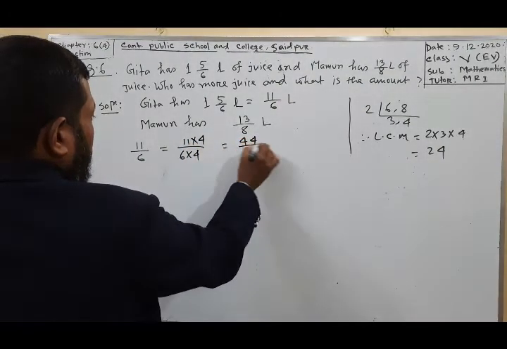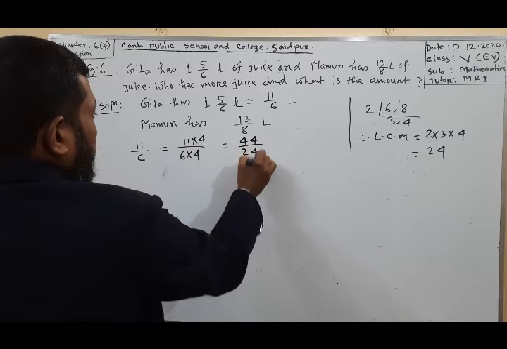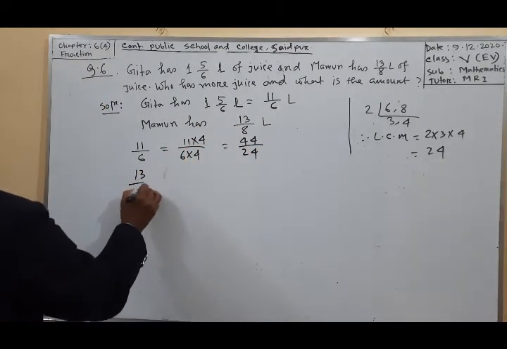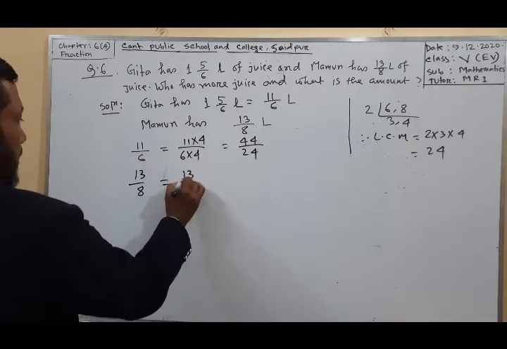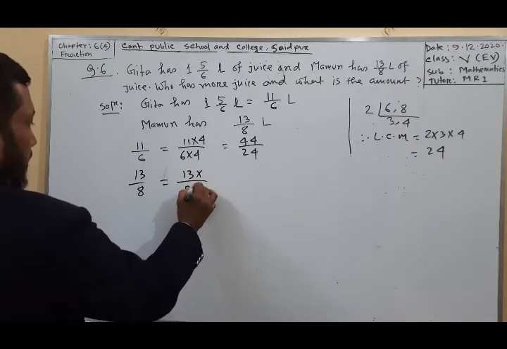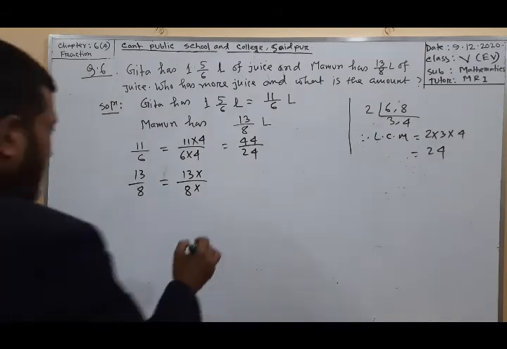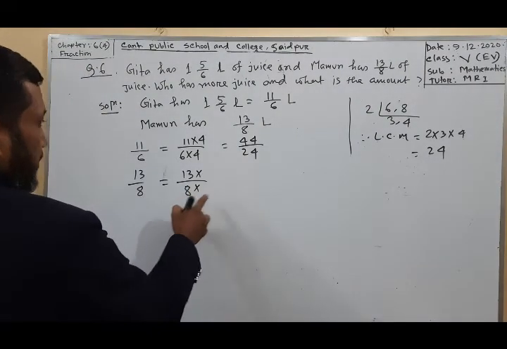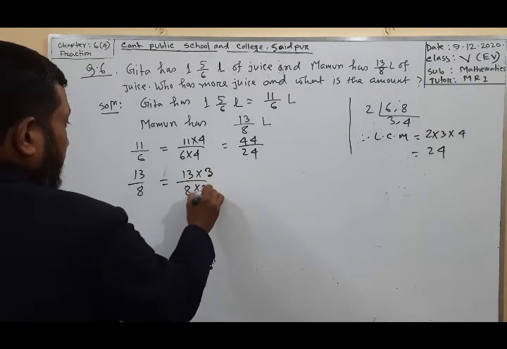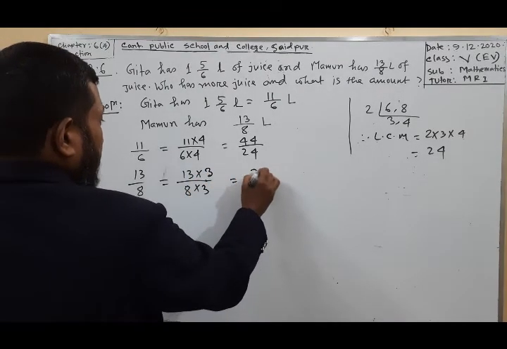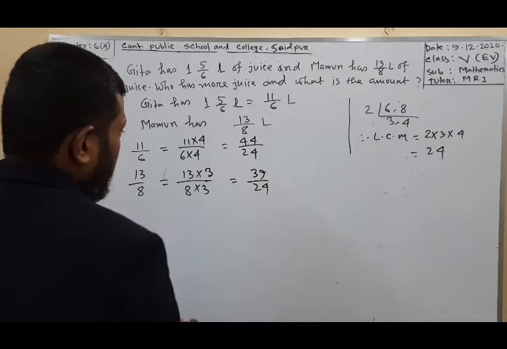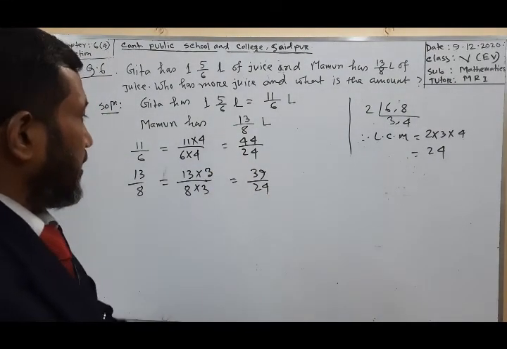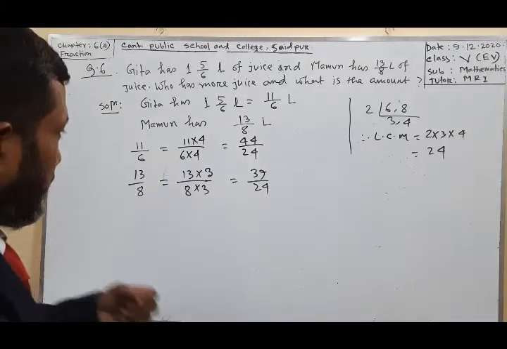This will be 44 by 24. For 13 by 8, we can multiply numerator and denominator by 3, because 8 times 3 is 24. Here 3, here 3, 39 by 24. So 24 and 24 is the equal denominator of these two fractions.